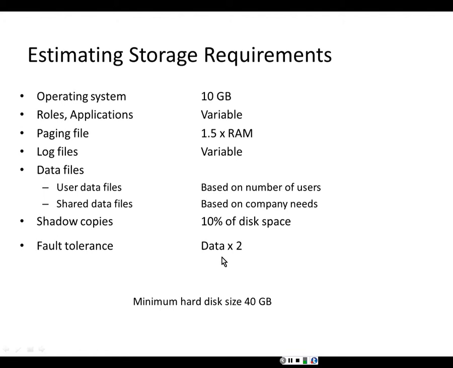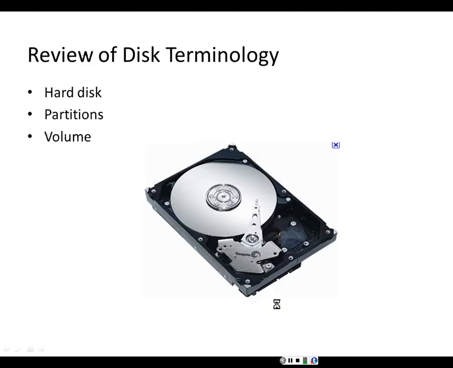Now, if we want to have fault tolerance, that is to say disk mirroring, then that will increase our storage requirements by a factor of 2. So the minimum hard disk size is 40 gig, but the real size is going to be driven by the size of the company and the number of users.